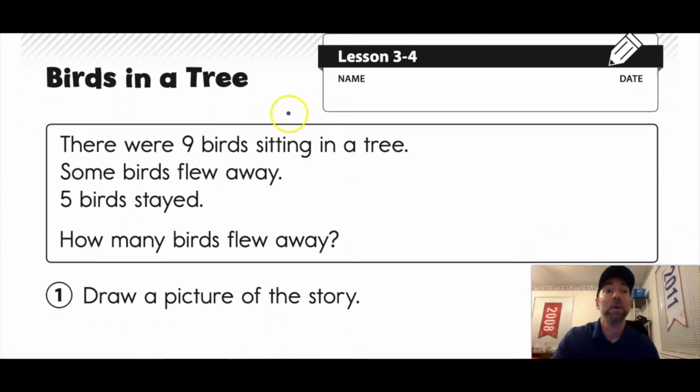Let's see what your open response is going to be. It's called Birds in a Tree. There were 9 birds sitting in a tree. Some birds flew away. 5 birds stayed. How many birds flew away?